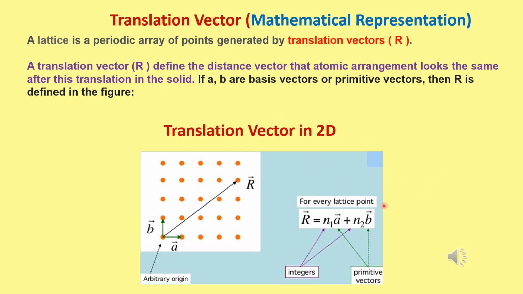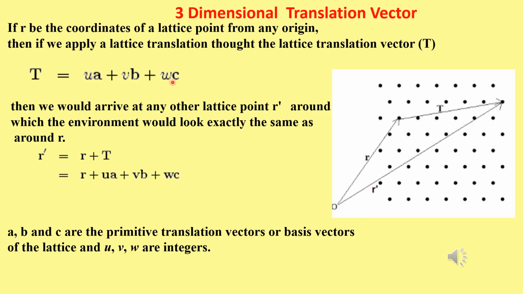It is in 2 dimensions. Similarly, in 3 dimensions we have another primitive vector c also. So in 3 dimensions we can see that r prime equals r plus T. Here the translation vector is T, which is defined as ua plus vb plus wc, where u, v, w are the integers and a, b, c are the primitive vectors in 3 dimensions.